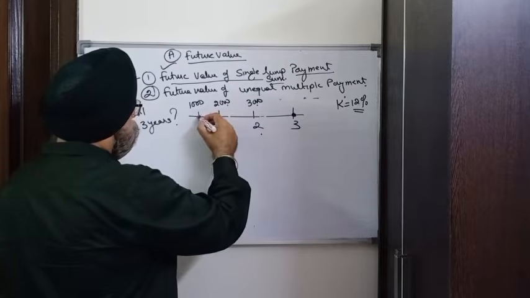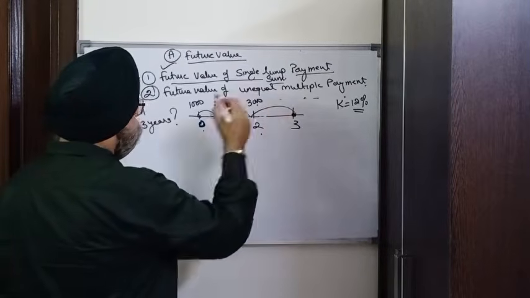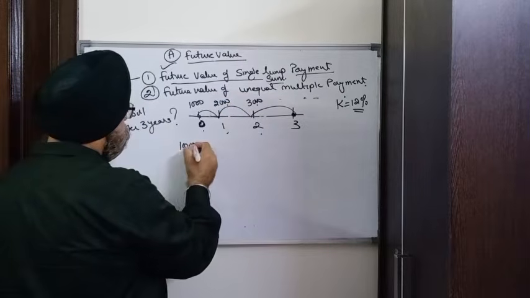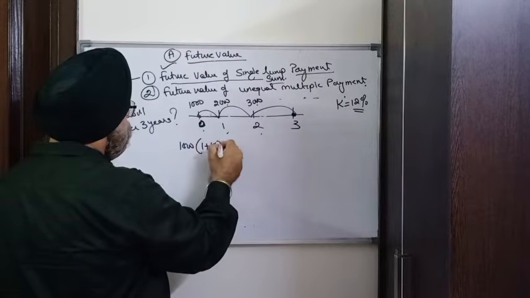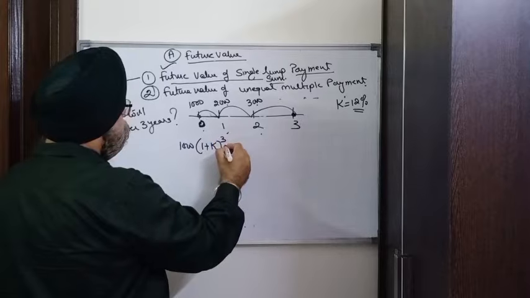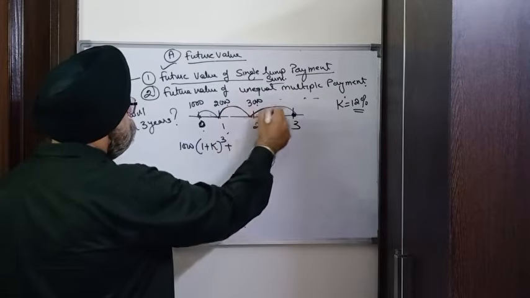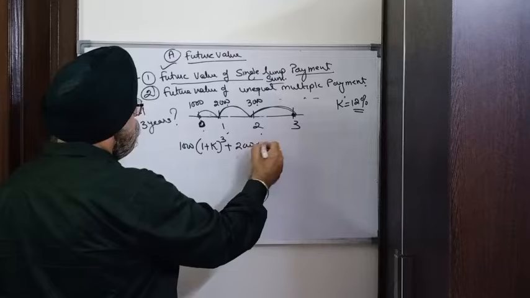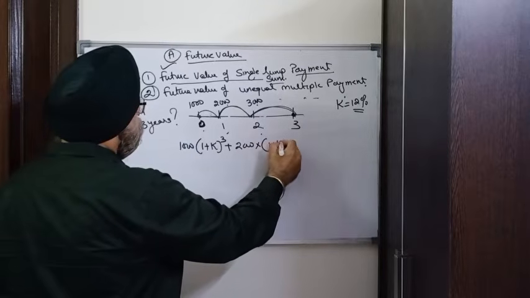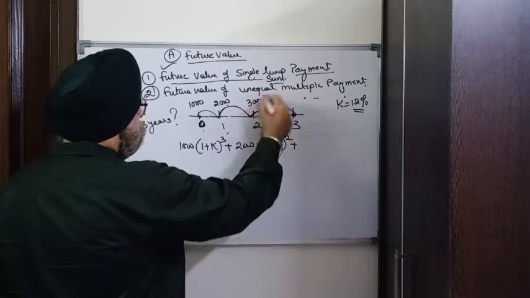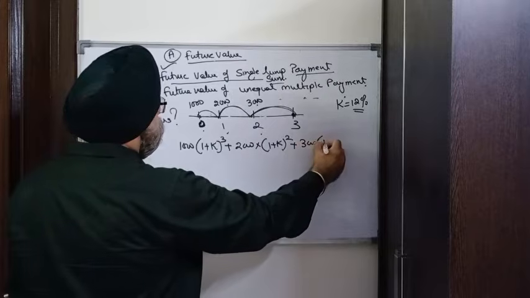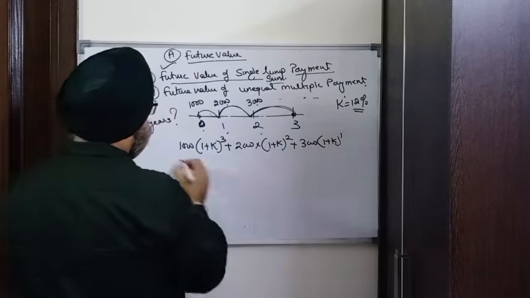So, 1,000 into (1 plus K) raised to power 3, plus 2,000 into (1 plus K) raised to power 2, plus 3,000 into (1 plus K) raised to power 1.